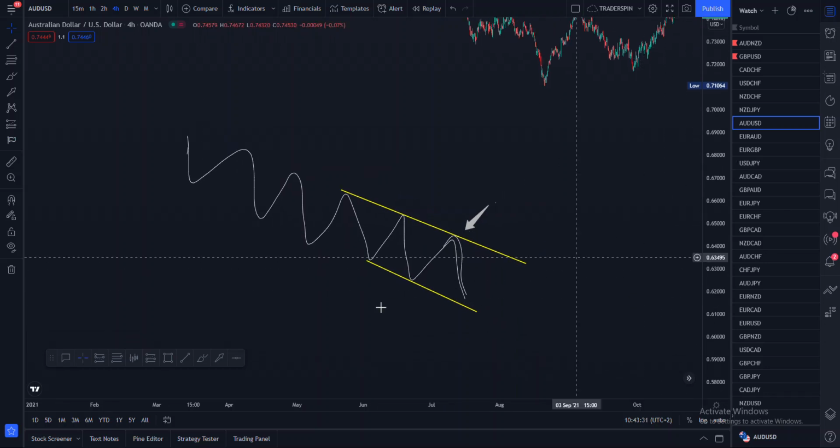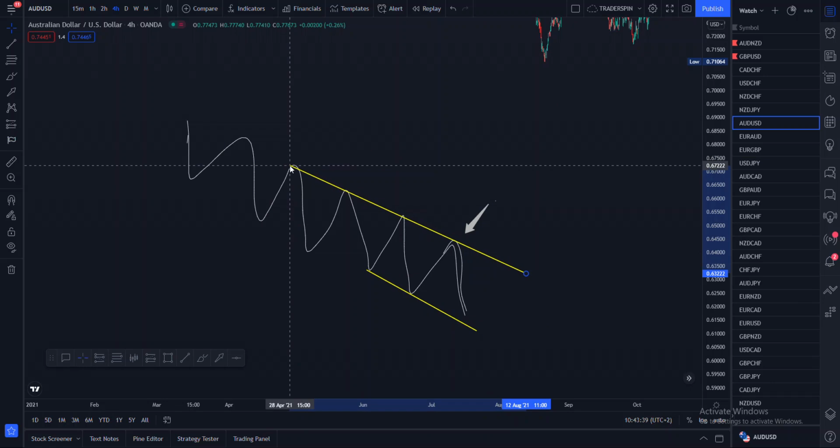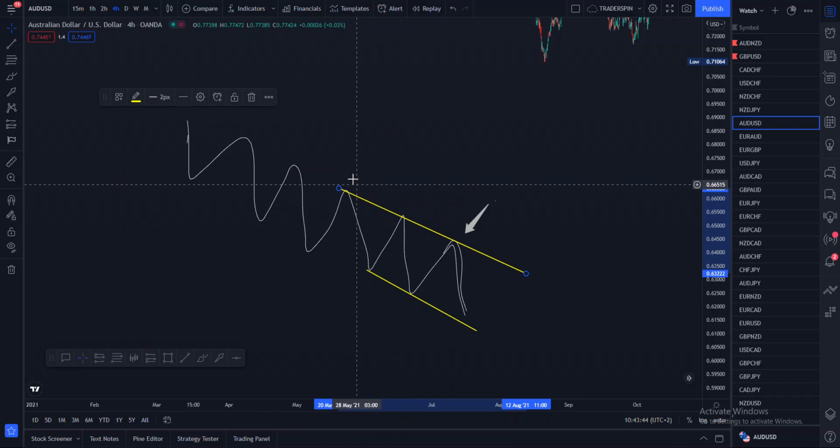That is like one of the first things that you need to note. I don't expect you to then put your first touch there when you have a lower high here, right? It has to be 1 2 3, right?